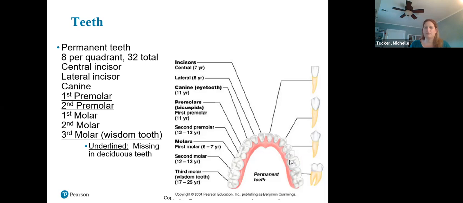Most individuals would have lost at least one on each side of the other molars due to decay. So these were more replacement teeth, which is probably why most of us don't have room for a third set of molars. So many people will have these removed.